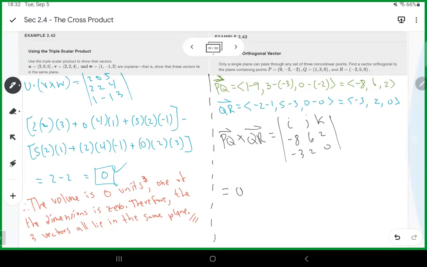So then we have 0I, -6J, -16K, minus -18K, plus 4I plus 0J, and that's going to give us -4I -6J plus 2K.